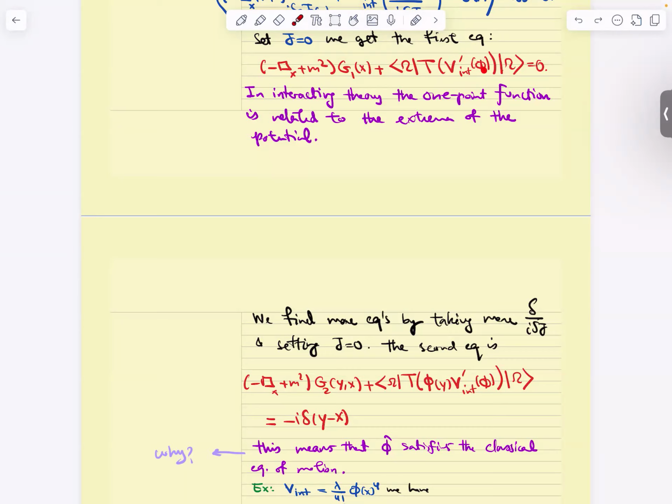If this is phi to the 4, this means that to solve for the 1-point function, you need to have the 3-point function. What you end up with by taking an infinite number of derivatives is an infinite set of equations that relate low-point functions to higher-point functions. That's what these equations are, all that there is to quantum field theory. If you could solve them, you have solved non-perturbative quantum field theory, but we cannot solve them, right?